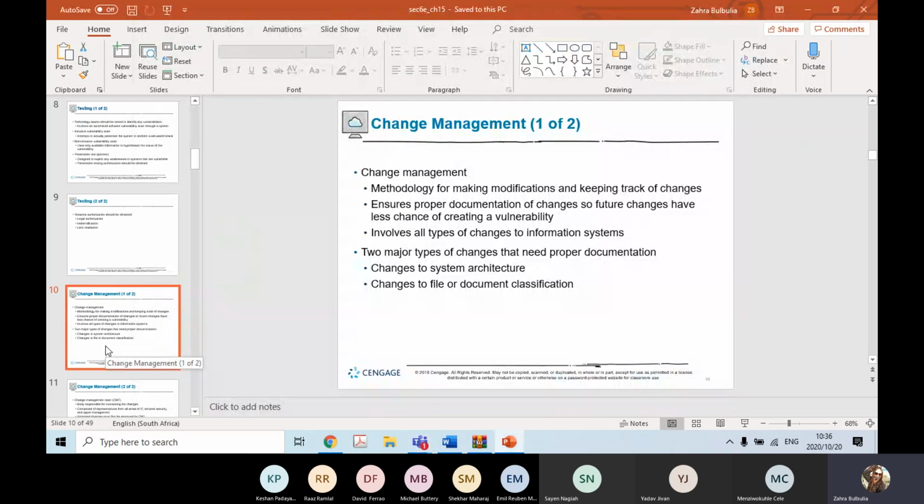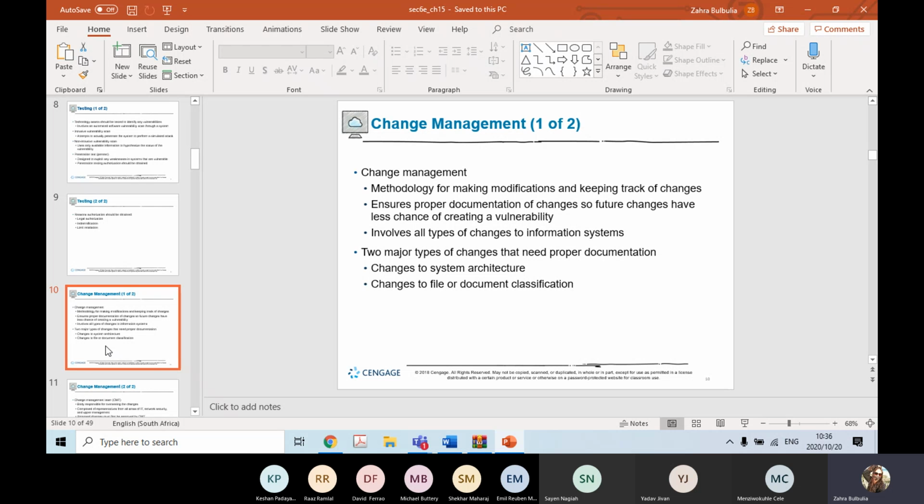When I'm talking about change management, let's say I want to add a feature to my software. For example, I want to add a chat facility. Would adding this chat facility make my system more vulnerable, because me coding up this chat facility is going to leave a loose end? Most of your applications go through change management processes.